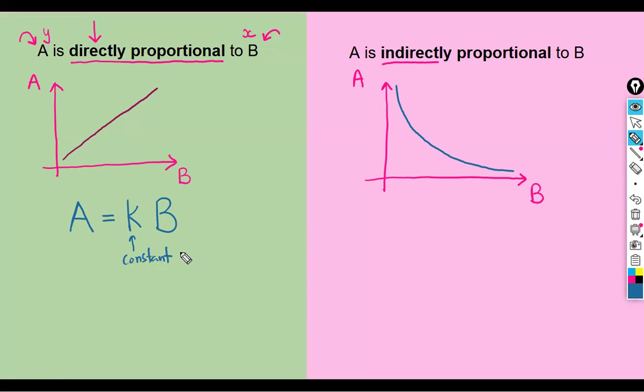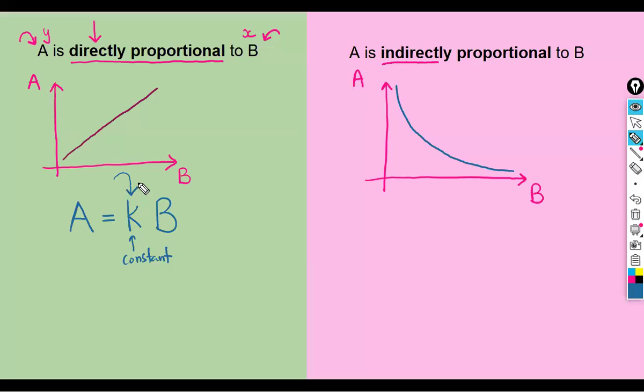Let me just refresh your memory on what the word constant means. Constant means never, ever changing. If somebody's constantly doing something, every time you see them, they do the same thing over and over and over. So whenever you're given a directly proportional question, you will need to find the value of K first.